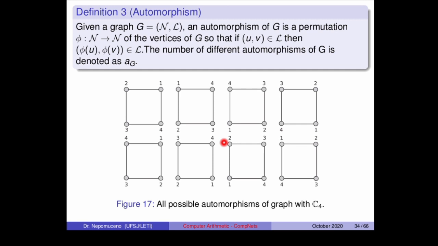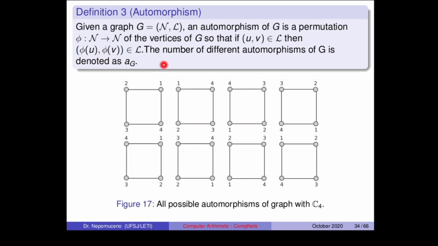Definition 3. Automorphism. Given a graph G, an automorphism of G is a permutation phi from N to N of the vertices of G, so that if (u, v) belongs to L, then (phi of u, phi of v) belongs to L as well.